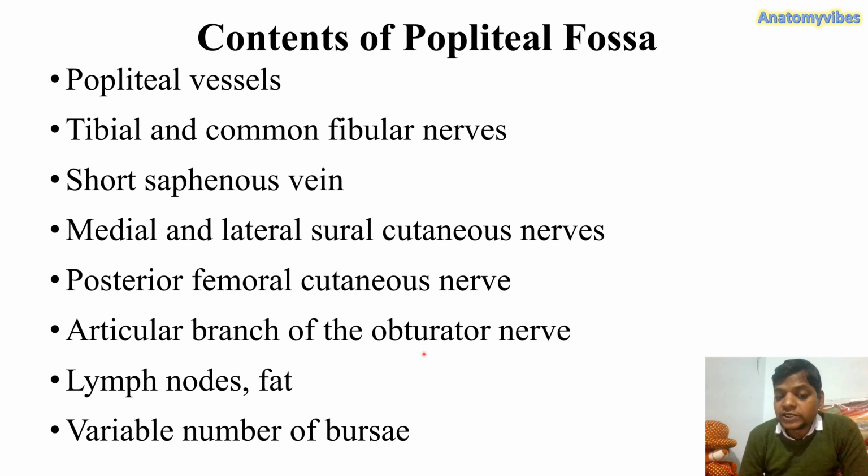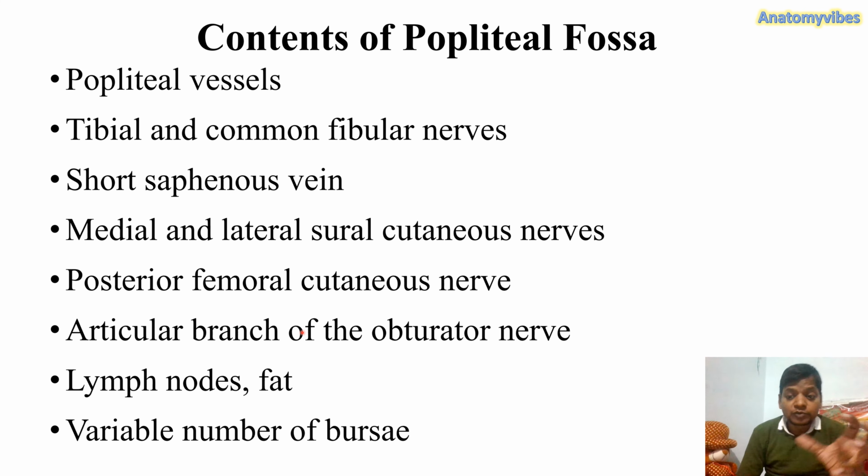Now the obturator nerve is supplying the muscles of the medial side of the thigh, but it also gives one branch that goes and supplies the knee joint, the articular branch of the obturator nerve. So that is the content of the popliteal fossa.